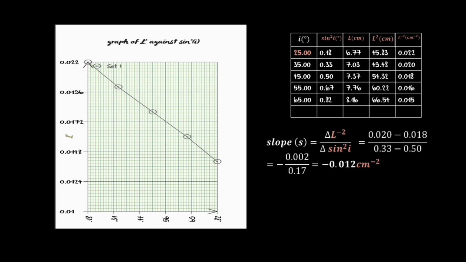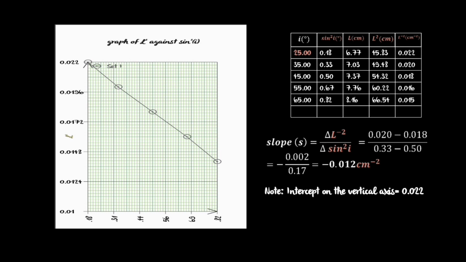So we're taking 2 points, which is 0.02 minus 0.018 all over 0.33 minus 0.5. When we do that, we find out that our slope has a negative value, which is minus 0.012 centimeters square. And then that is it.